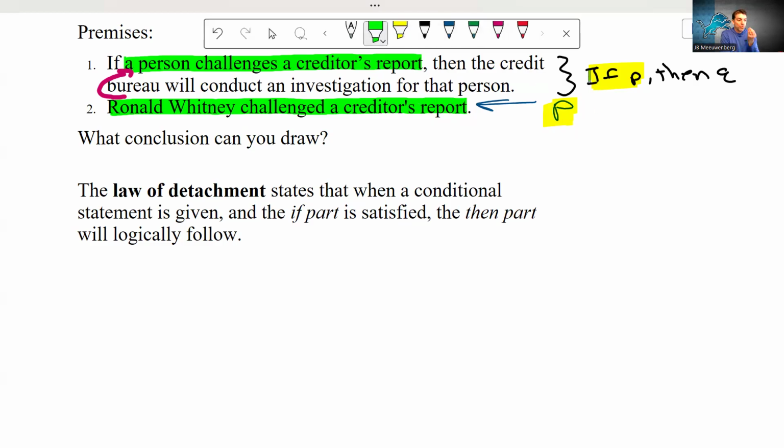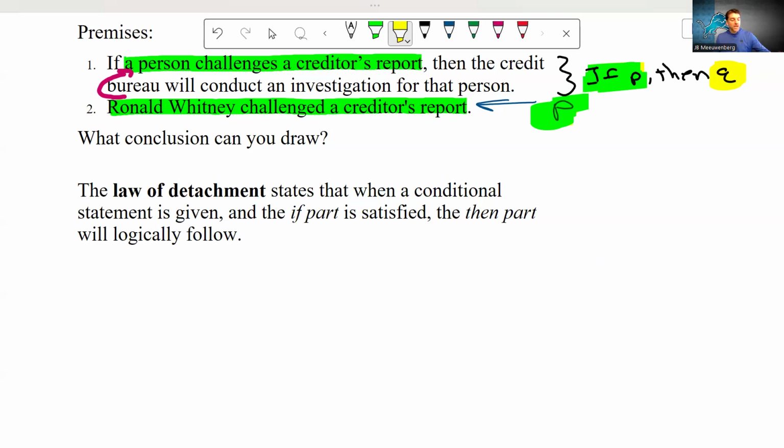So again, we have an if part, and that if part came true based on the second premise. Well, if that's true, then we know that the Q part will logically follow. So what conclusion did you draw? That the credit bureau will conduct an investigation for Ronald Whitney, probably, right?